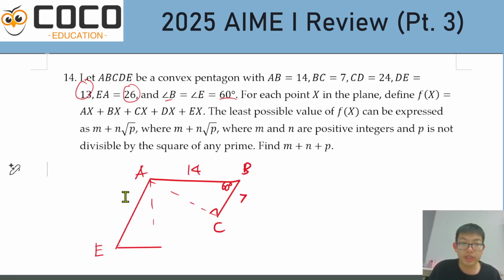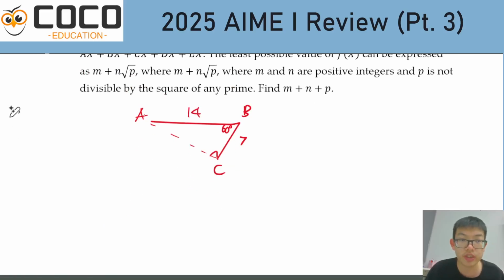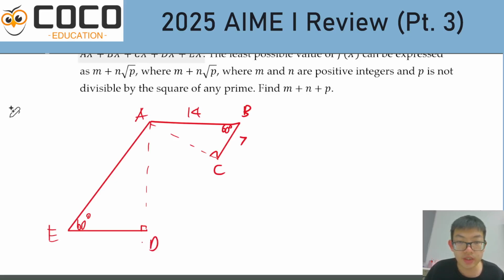Okay, this should be a lot bigger actually. I'm not sure whether that matters, but let's draw it to be a bit bigger than that 14, right? 26 should be a lot more than 14. There's no spiral similarity here.